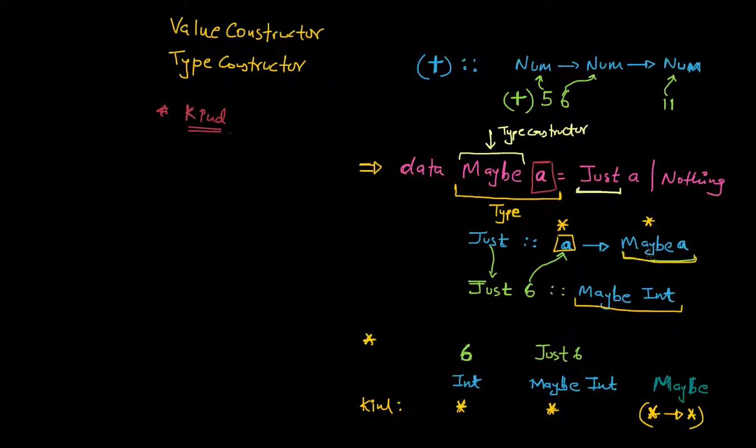Think of maybe as some kind of a function that takes in as an input this type A, and out comes back this actual concrete type star. So maybe takes in as an input a star, some concrete type. It could be anything as long as it's a concrete type, and out comes back another concrete type, which is this entire thing. And that's how I figured out what the kind for maybe is.